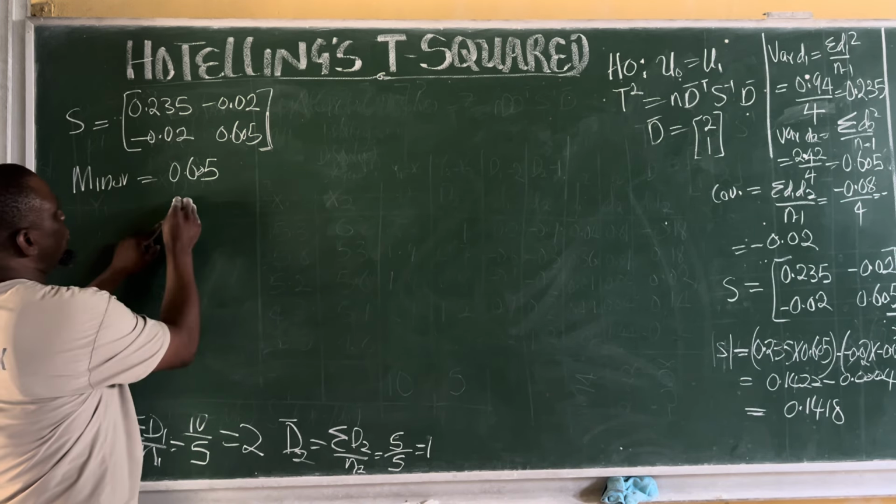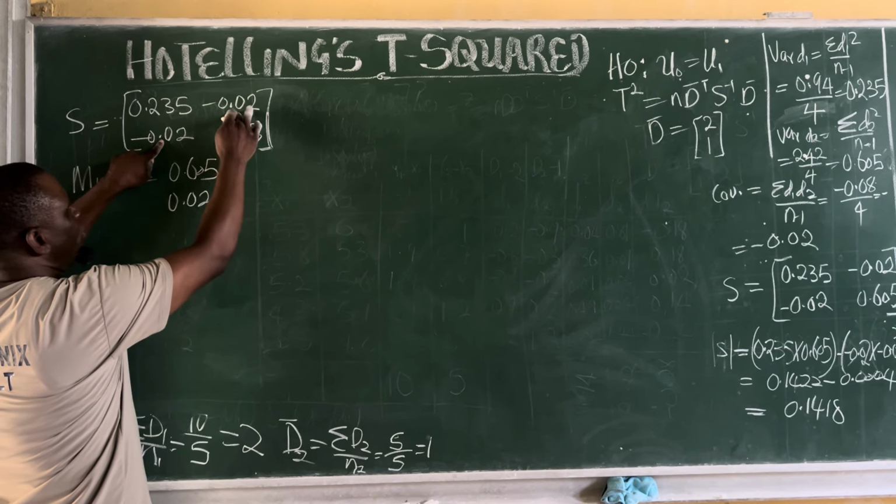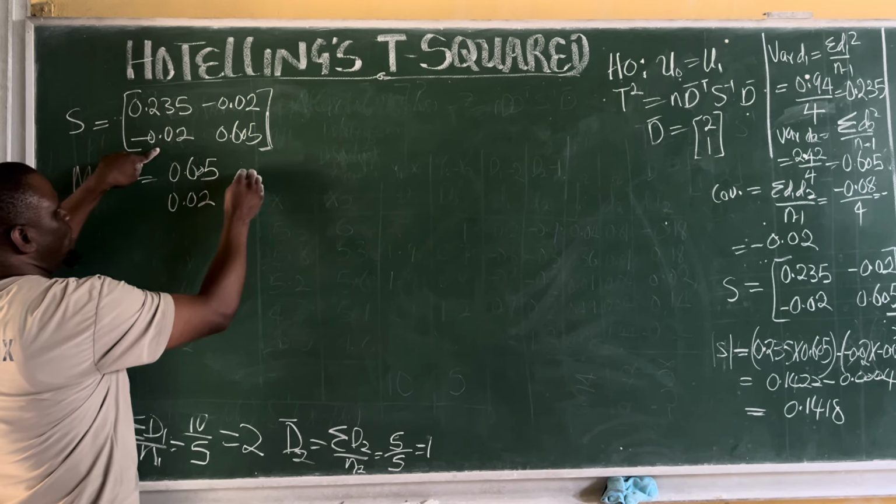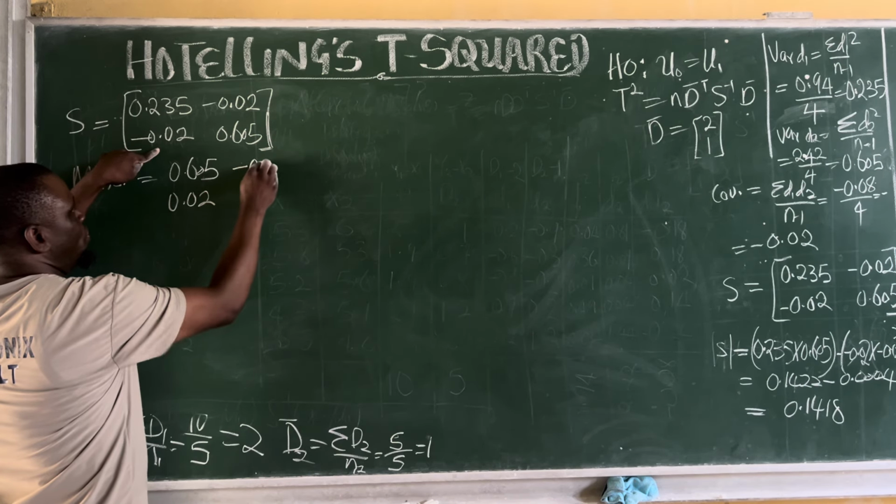So when you hold this, this goes, this is what remains, 0.02. When you hold this, this goes, this is what remains, minus 0.02. Note there's a minus here. And then when you hold this, this goes, this is what remains, 0.235. Okay? So that's the minor.